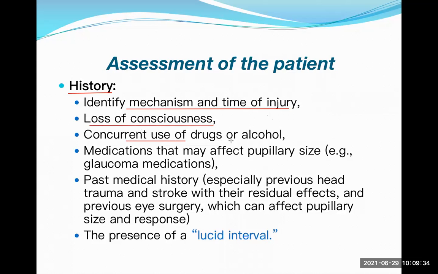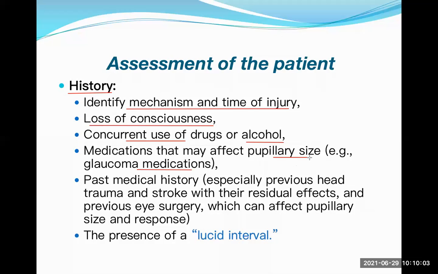Concurrent use of drugs or alcohol is another important history. Who knows, they may have suffered this accidental injury because of the effect of these drugs or alcohol. Medication that may affect the pupillary size, like glaucoma medication, opioid analgesics, and any other types of medicines should be asked, because they may hamper the neurological assessment.